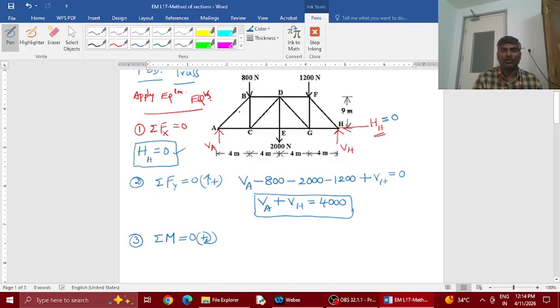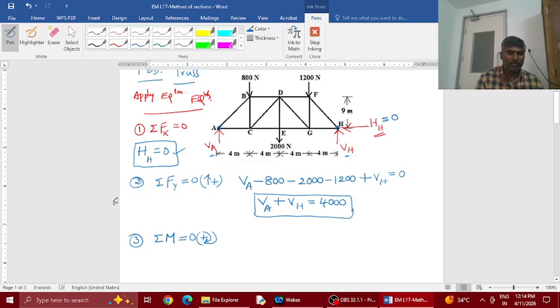So in this truss, pick a moment center for taking moments of all these forces. Obviously, either A or H, because A has got one unknown value, H has got one unknown value here. So to eliminate that from the equation, we obviously pick moment center at A or H.